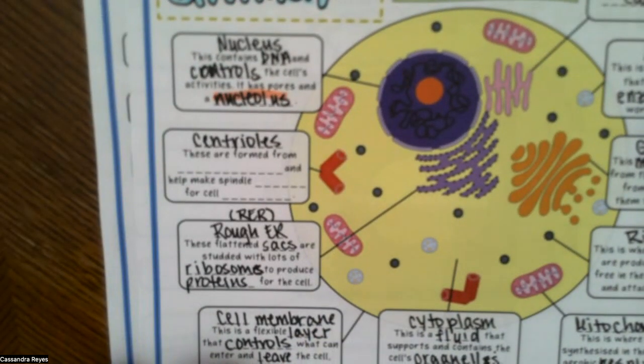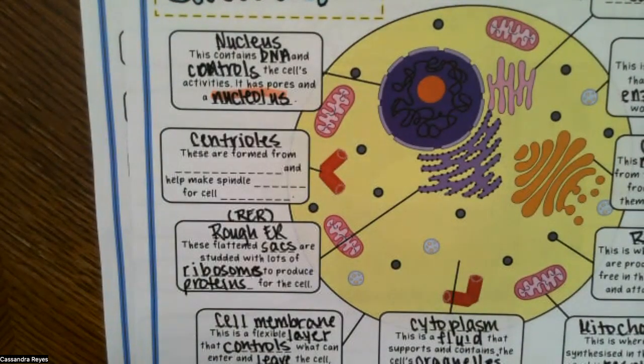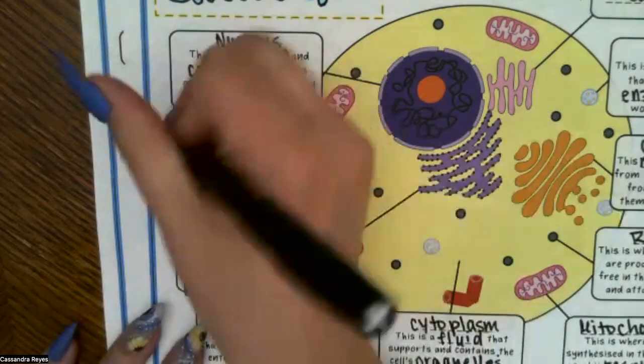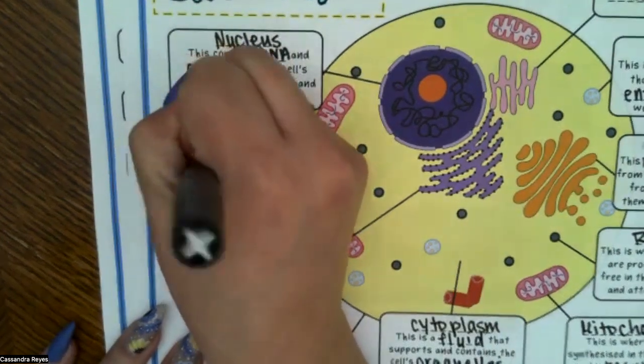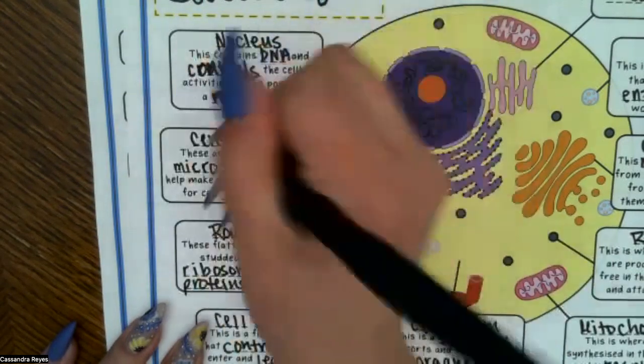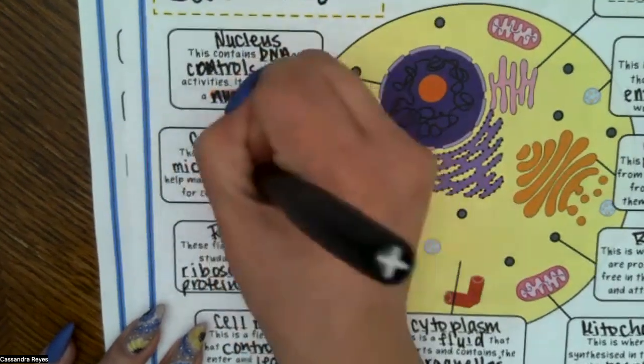Okay, so the centrioles, let's focus. There we go. The centrioles are going to get formed from these things called microtubules. And I know, don't freak out. Microtubules.